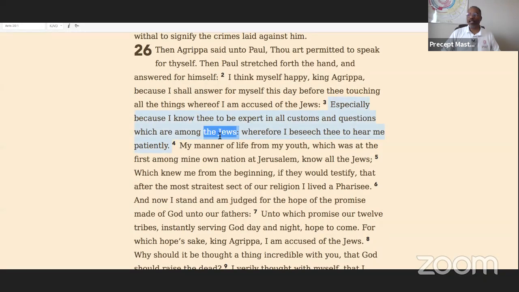You see right there, he's telling you which is among the Jews. Now, King Agrippa is clearly not a Jew, but he's an expert in what our customs are.